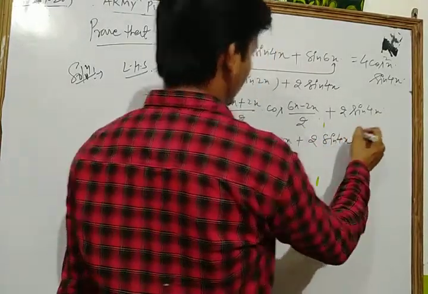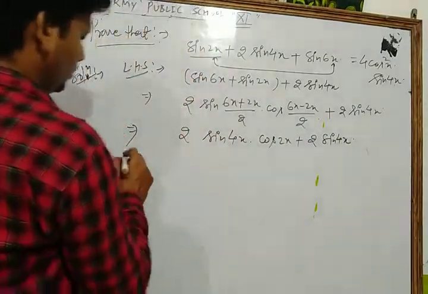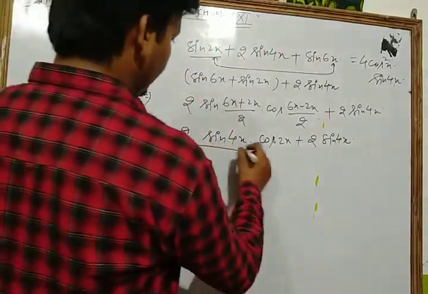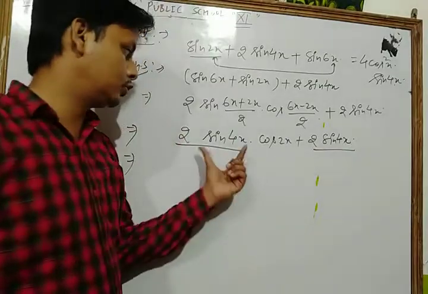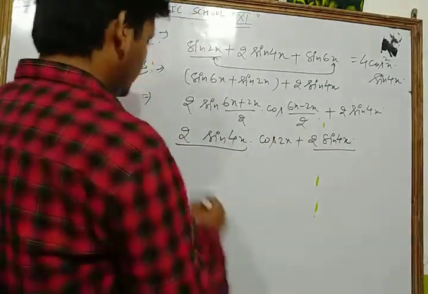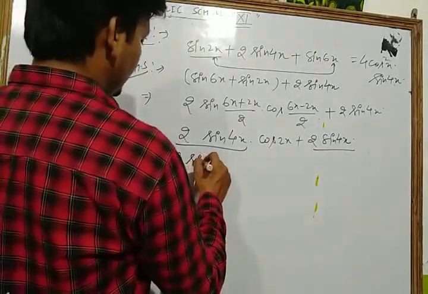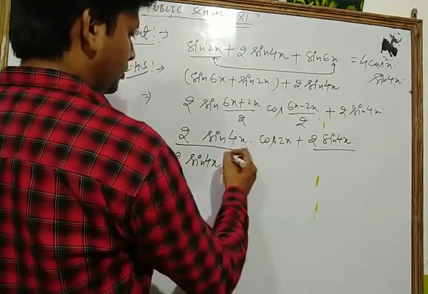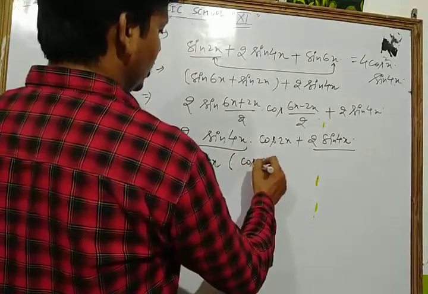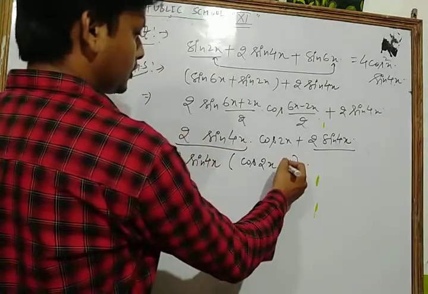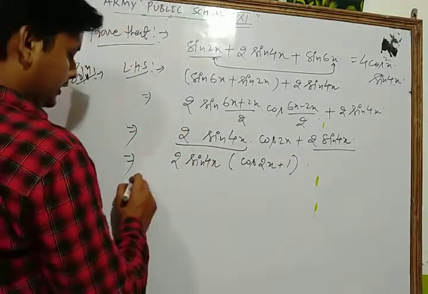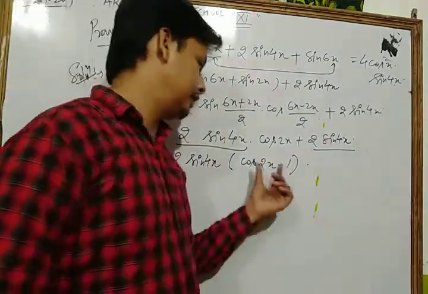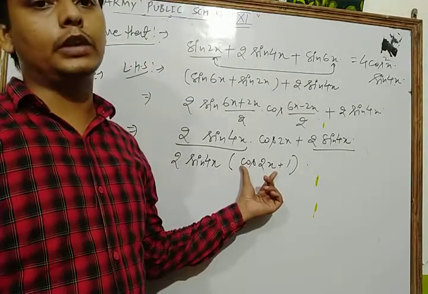2 sin 4x here. Now we take 2 sin 4x as common. Then what do I get? Cos 2x plus 1. Now we apply the formula of cos 2x.